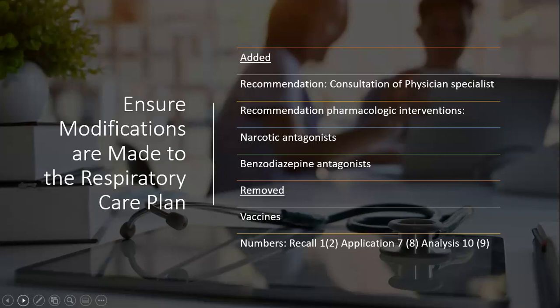As far as pharmacological interventions, narcotic and benzodiazepine antagonists are added. All vaccines were removed from modifications to the respiratory care plan. However, of course, they're still in our prevention for chronic disease. And there's a big emphasis on prevention and chronic disease.